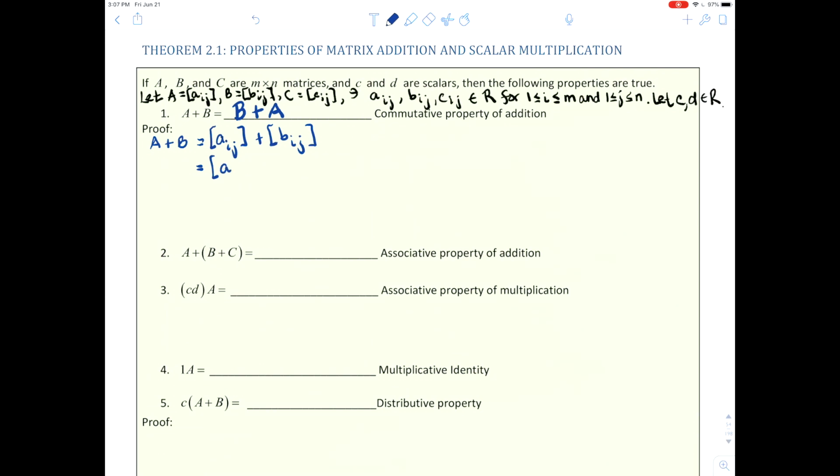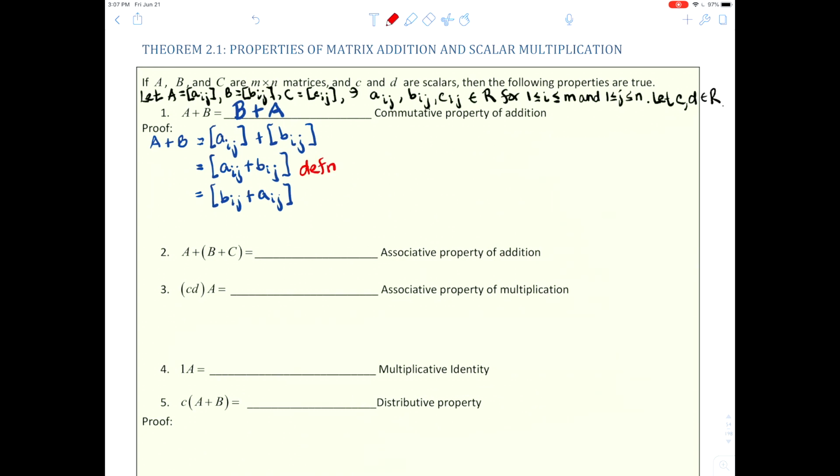So this will be Aij plus Bij in one matrix. Now that I have them in one matrix, what can I do? Awesome. I can commute them because the set of real numbers is commutative. Cool, cool. So these are the rationales. This is a definition of matrix addition.